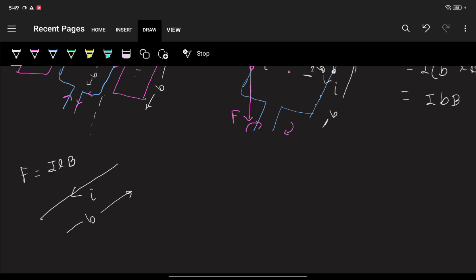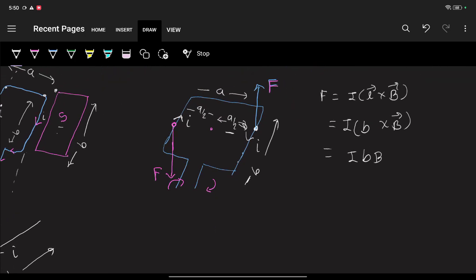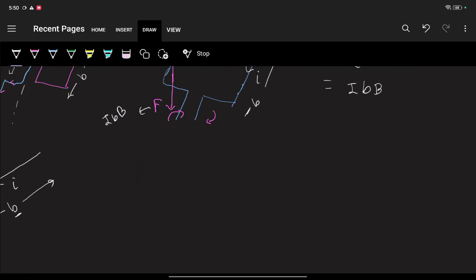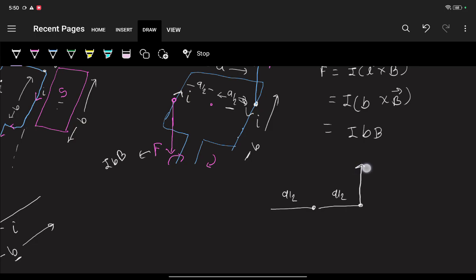What is the length? It is b. External magnetic field is B, so we can write it as ILB. So force would be I b B, and here it is also I b B. So they are making a couple force, right? This is a by 2 distance, this is a by 2 distance. One force is in upward direction and one force is in downward direction.